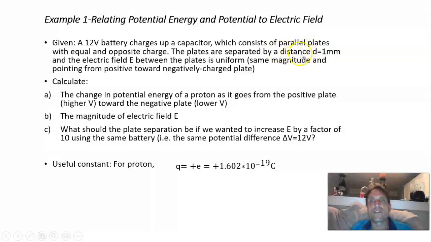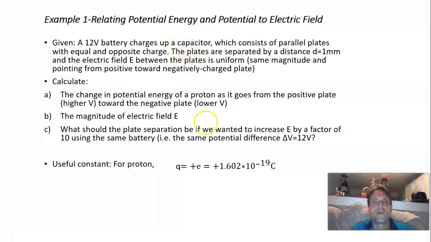Suppose the plates are separated by 1 millimeter and the electric field is uniform. First, calculate how much potential energy a proton loses as it goes from the positive plate toward the negative plate. So let's do that one first.